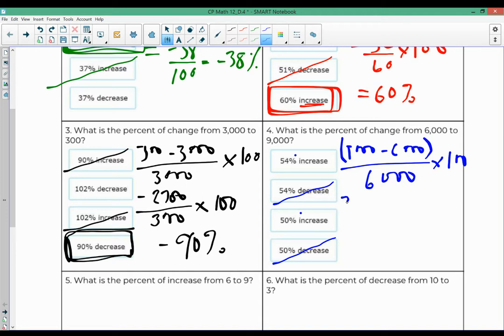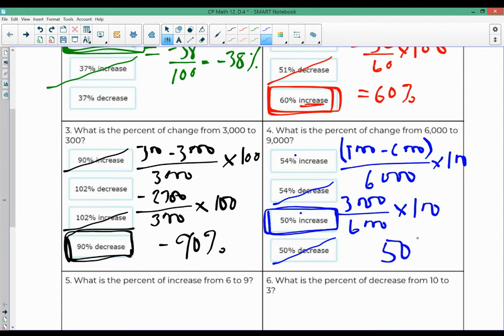So that's 3,000 divided by 6,000 times 100. I know that that reduces to 1/2, so that'll give me 50%. 50% increase.